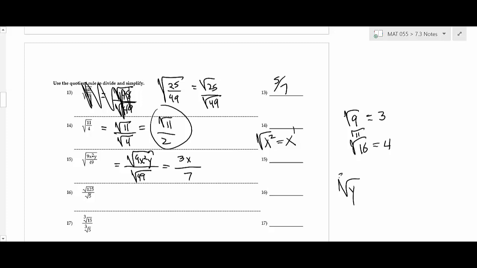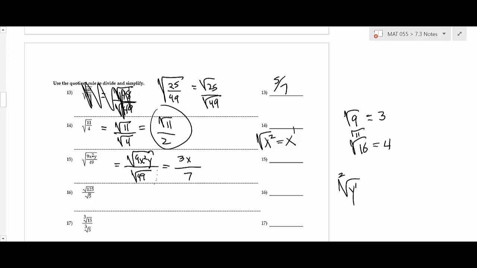Okay, now that's a second root and that's a first root. What you're going to find is you can't do anything with this problem because that number is less than that number. All we know right now is how to do a square root of an even exponent. We don't know how to do anything else yet. So if that was square root of y to the 10th, then what would it be? Y to the 5th, okay? But since that's an odd number, we're not ready to do anything with that.